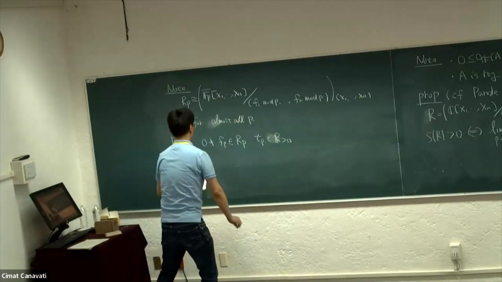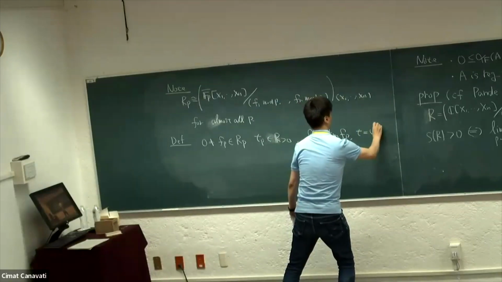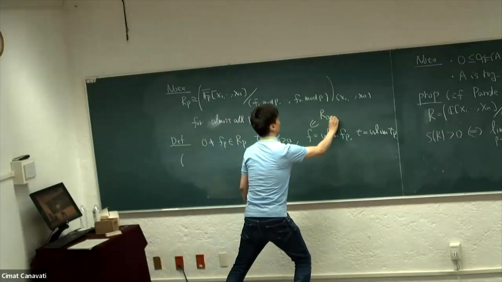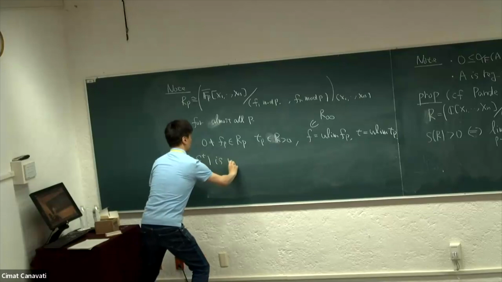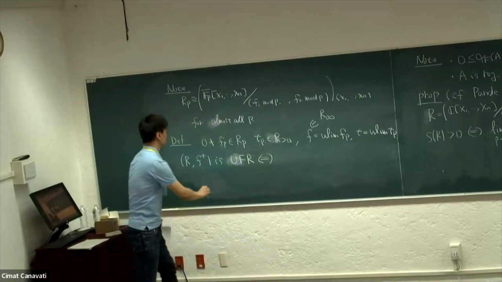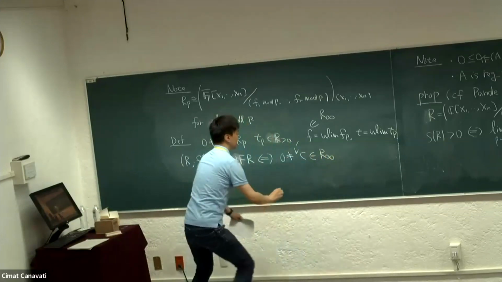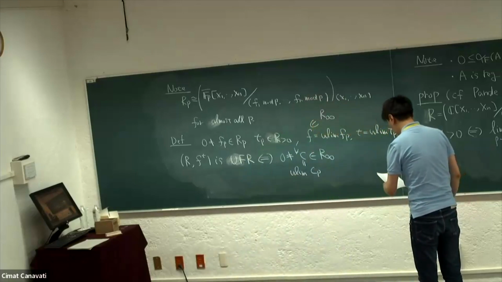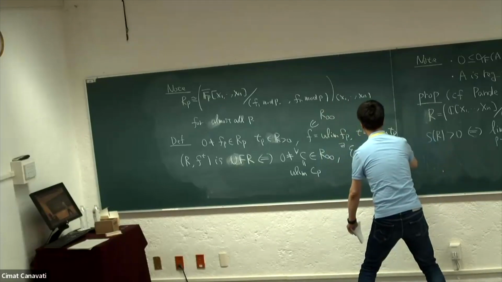Our f is the ultra product of f sub P, and our t is the ultra product of t sub P. Then f is an element of R infinity, not R. But we say the pair (R, f^t) is ultra F-regular if for any non-zero element c in R infinity, so c can be written as an ultra product of c sub P, there exists a non-standard integer epsilon, which is an ultra product of e sub P.